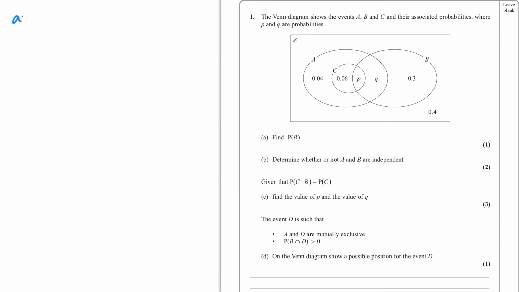Okay, so looking at part A here, we want to find the probability of B. We know that my total probability must equal 1. So if I think this is B here, so this plus these two plus this one should total 1, because that will cover all of my areas within my full rectangle here, my Venn diagram.